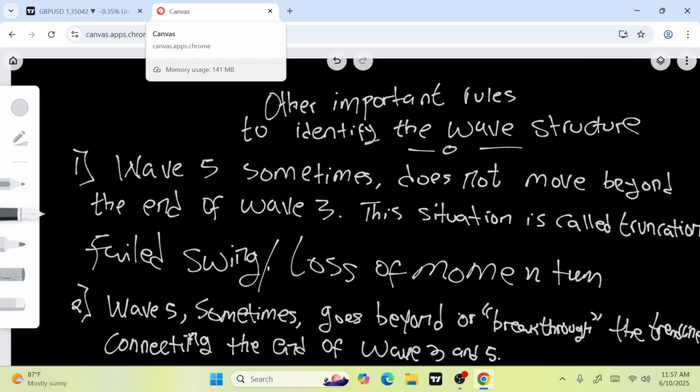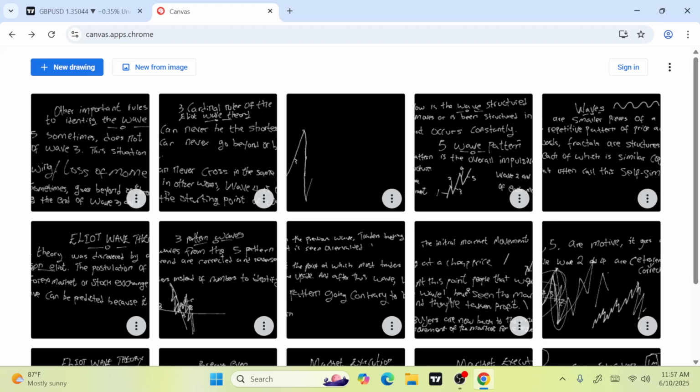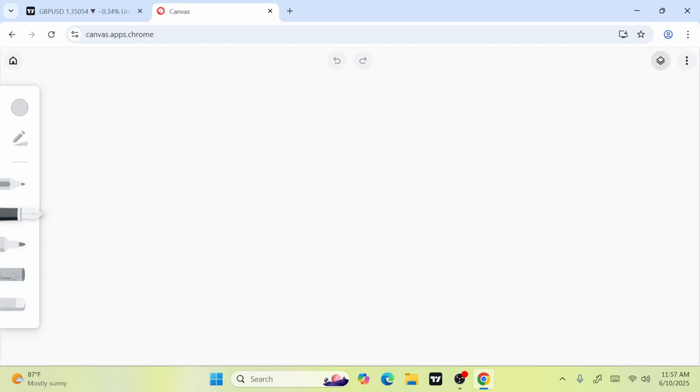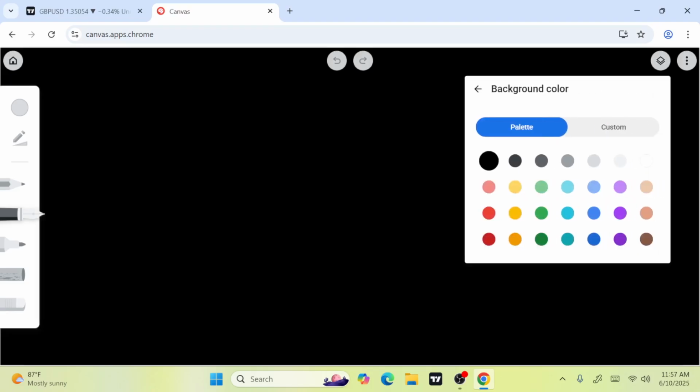So what does that imply? It implies that if you have wave one, wave two, wave three, wave four, and you're about to have wave five, now the trend line that connects wave three and five sometimes can break beyond to extend, before it now retraces to give you the ABC correction.